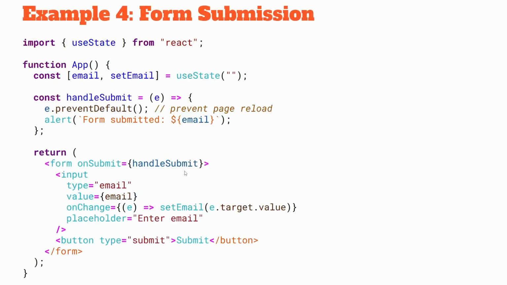And the final example is if you want to handle the form submission, right? So here you can see how I can handle the form submission. The first part is the same as the previous example.